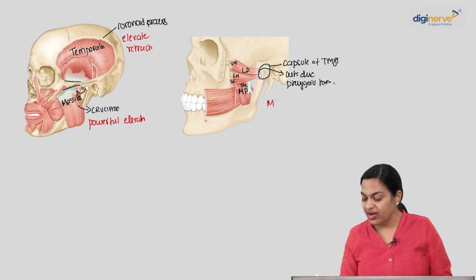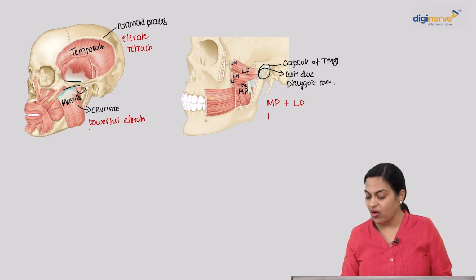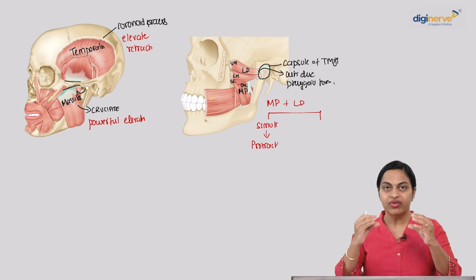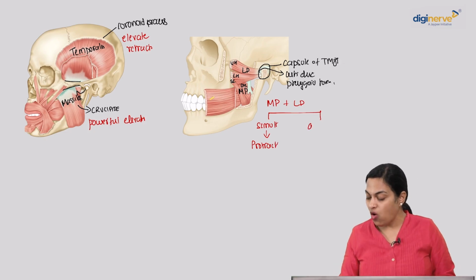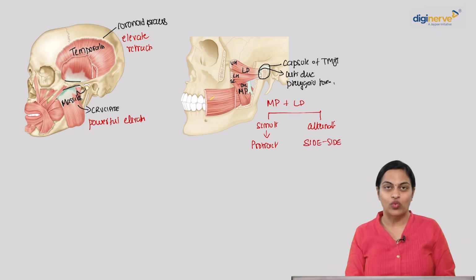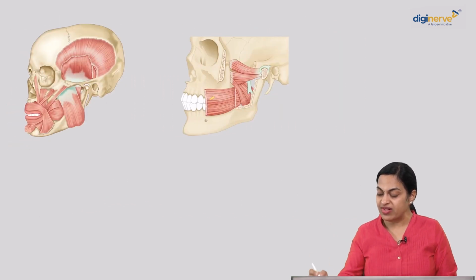The medial pterygoid and lateral pterygoid, when they contract simultaneously, will protract the mandible. Protract it, pull it forward. Whereas alternate contraction will cause side-to-side chewing movements.